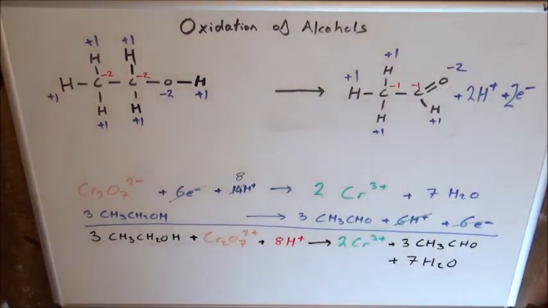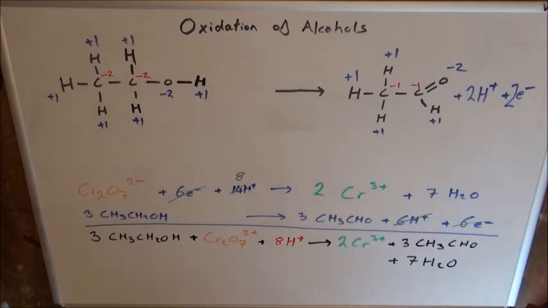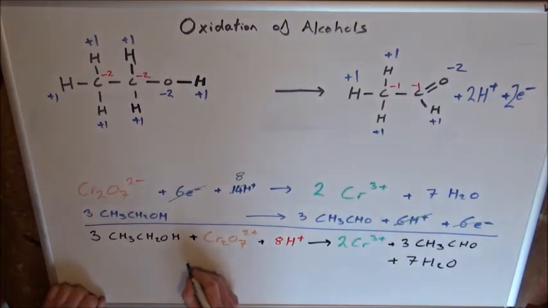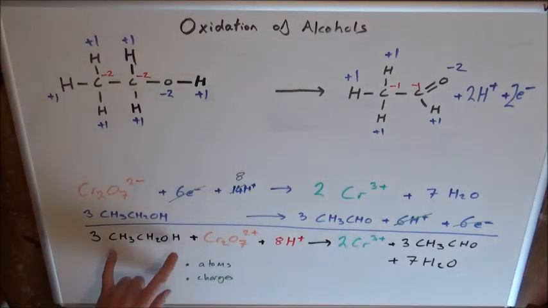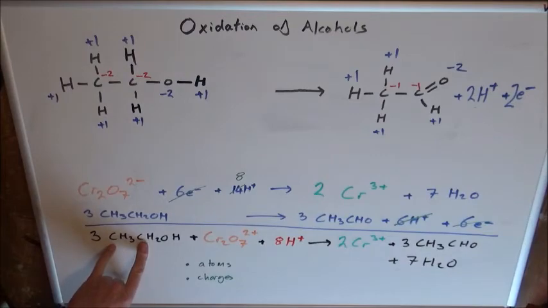And again, always check. You need never get one of these wrong, because you can always check the balancing. The procedure is check the atoms and then check the charges. I'll start off with the carbons. One ethanol molecule has 2 carbons in. We've got 3 of them, that's 6.